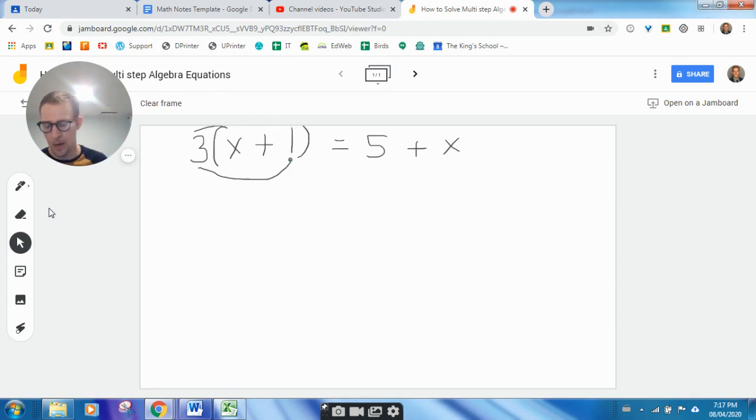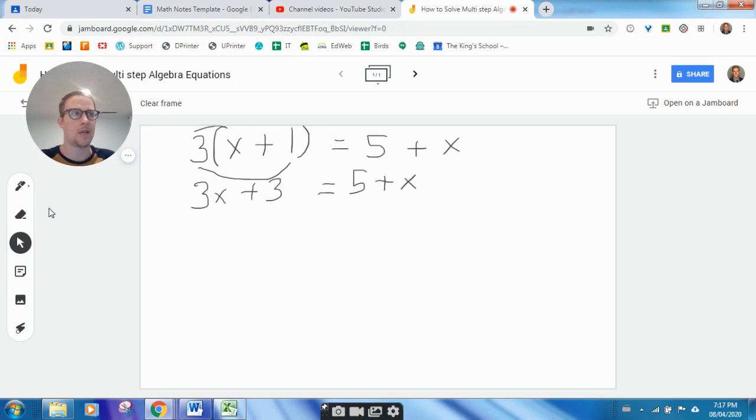It's going to be 3x plus 3 is equal to, and nothing changed on this side of the equation, 5 plus x. That simplifies the equation, because now there are no brackets, but it's still a multi-step equation and we need to follow the right steps.